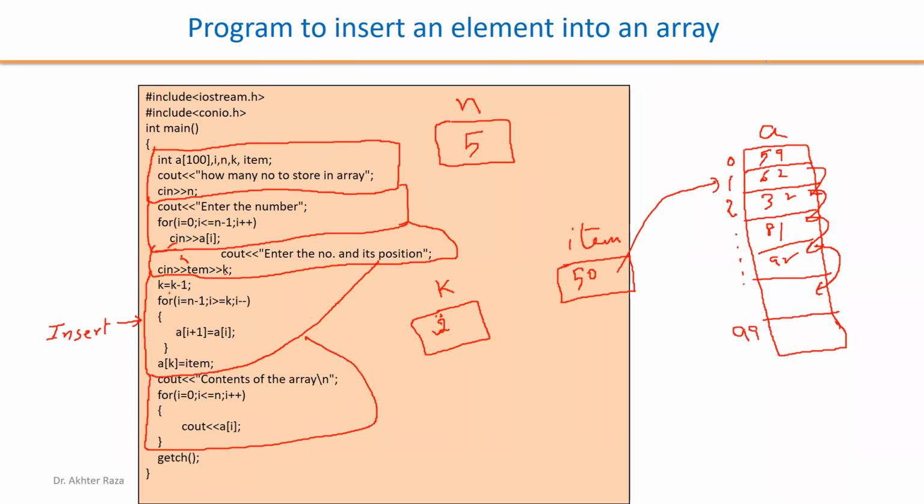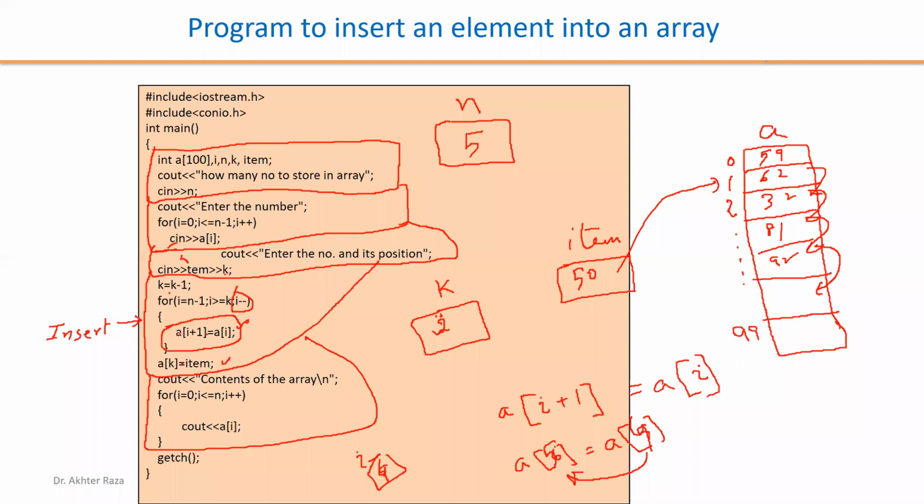Now we have 50 here and all the rest of the elements move forward. The array is displayed on the screen so that it is verified whether 50 has been inserted appropriately into this array or not. So this algorithm is referred to as the insert algorithm into a linear array.